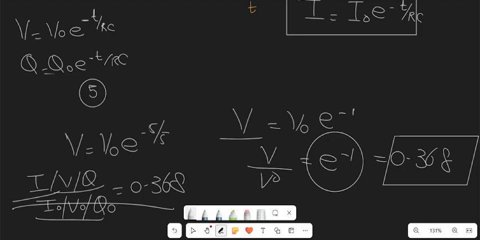So what do we need to learn in this chapter? Number one, what capacitance is. Capacitance is the ratio of this. What are its functions? You can talk about the functions: to store electrical energy, to prevent sparks, which is mentioned a lot in past papers, and to be used in oscillator circuits.